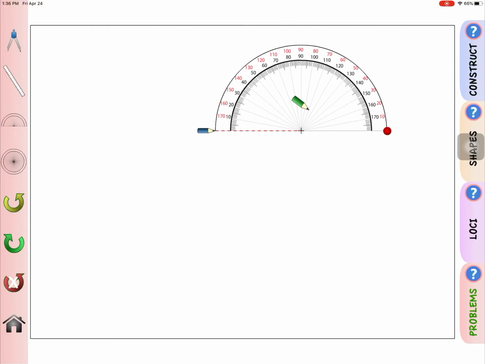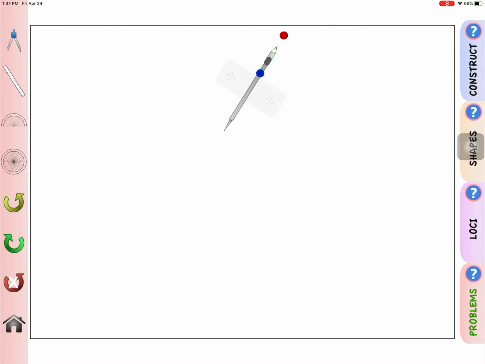All right, so now what it wants us to do is make a circle, and have that circle 2 centimeters in radius. So again, we're going to grab our compass, 2 centimeters in radius, and we're going to spin a circle around. So there we go. We have a complete circle with a 2 centimeter radius.